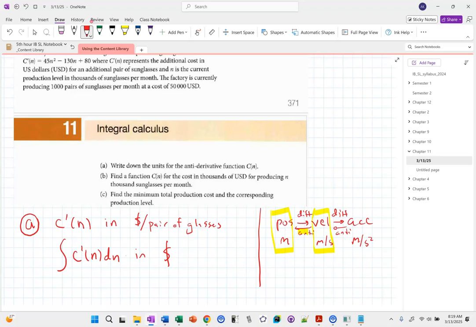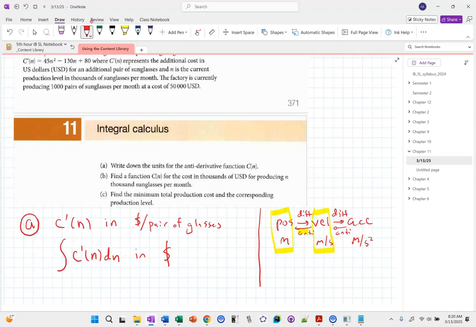Everybody's okay with that? So again, when you take the derivative of something, you're going to get unit for y over unit for x. If you're integrating, you're just going to get the unit for y coming back.